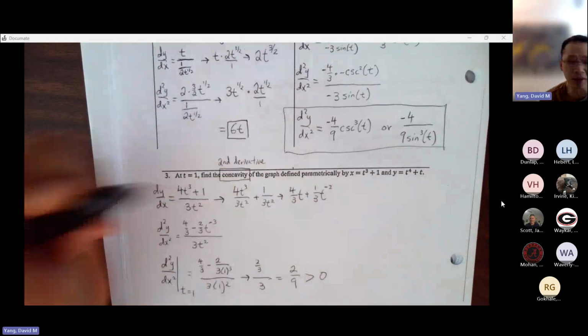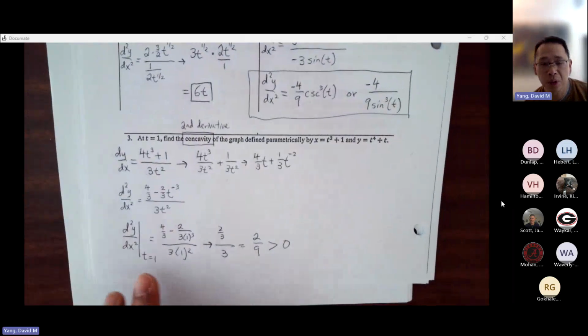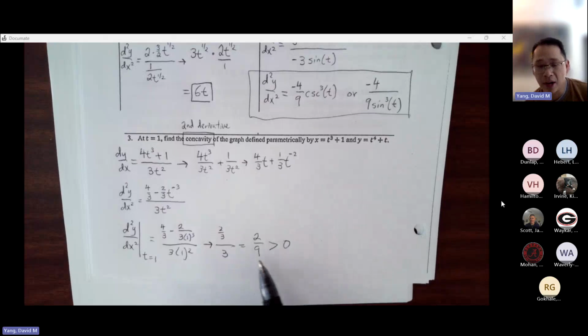And 2/9 is greater than 0, so we know that at t equals 1, our graph is concave up because our second derivative is positive.